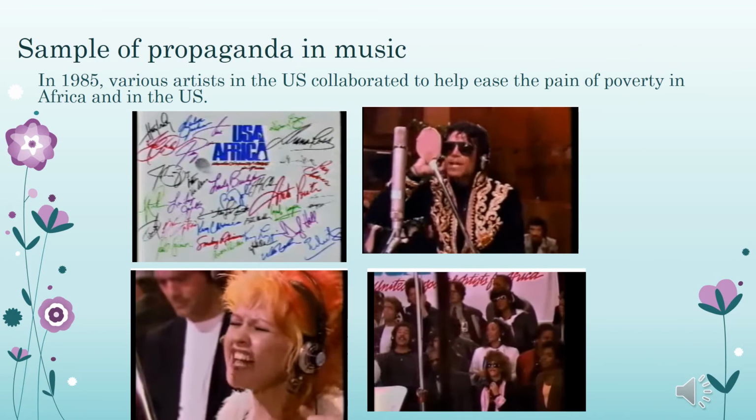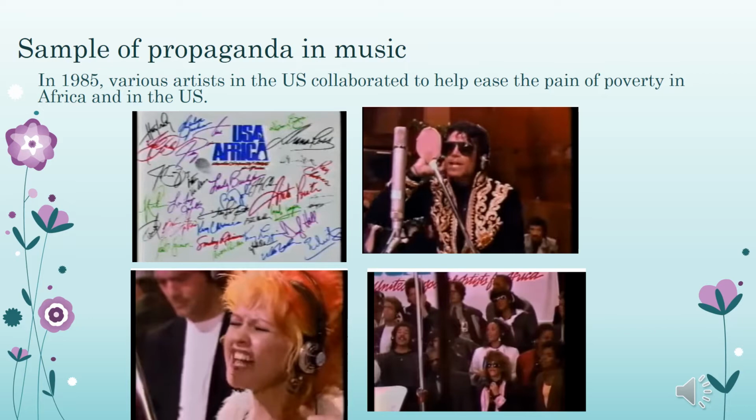Let me give you some examples of propaganda. Sample of propaganda in music. In 1985, various artists in the United States collaborated to help ease the pain of poverty in Africa and in the US. If you're familiar with We Are the World, that song was written by Michael Jackson and Lionel Richie.